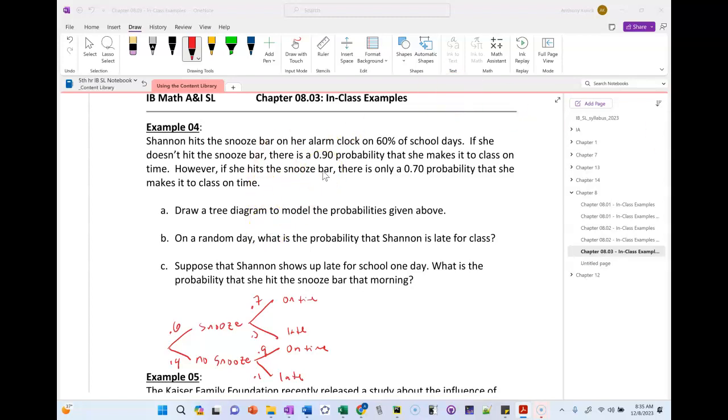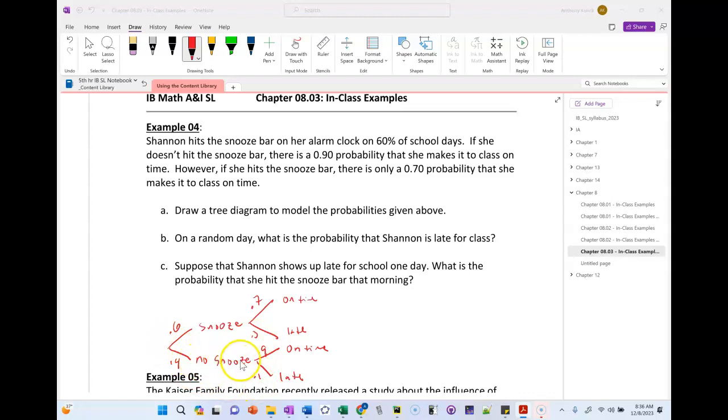Okay. So there's two routes to late, correct? So there's this route. What's the probability on that route? So 0.6 times 0.3.